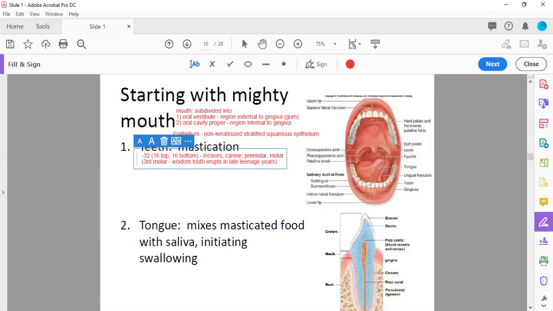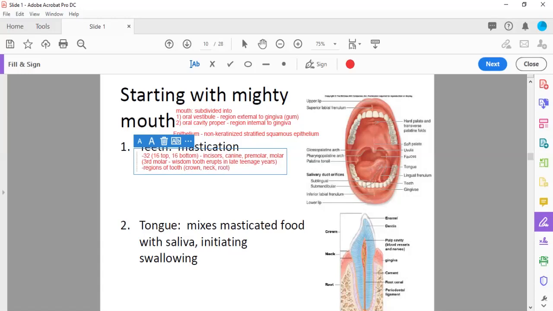Now, let's go on to the next one. Let's talk about the basic structure of the tooth. The tooth has three regions: the crown, the neck, and the root.